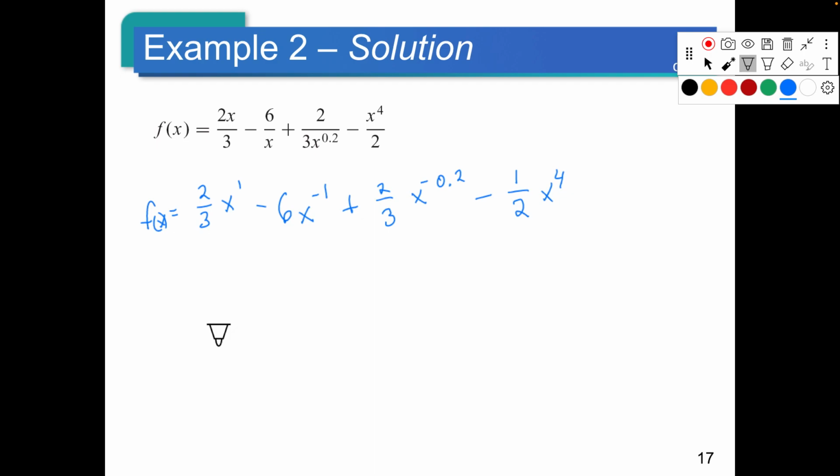Question? So why does the 0.2 become minus 0.2? Because it was in the denominator, I'm going to move it up. Because when I take that derivative and subtract one, I'm going to get a larger number, more negative, right? Negative 0.2, I'm going to get negative 1.2.